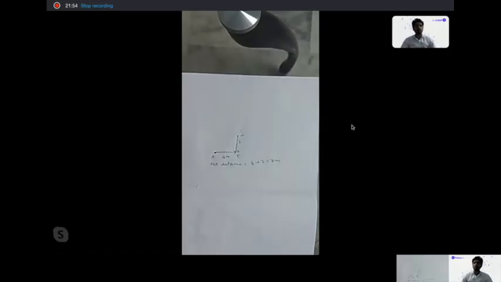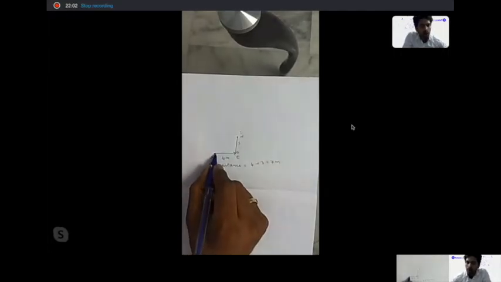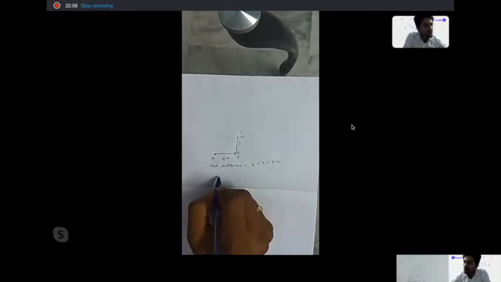But if I have to talk of the net displacement, it would be the summation of this displacement here, in this direction, plus this displacement here, in this direction. So that would be S1 bar plus S2 bar.